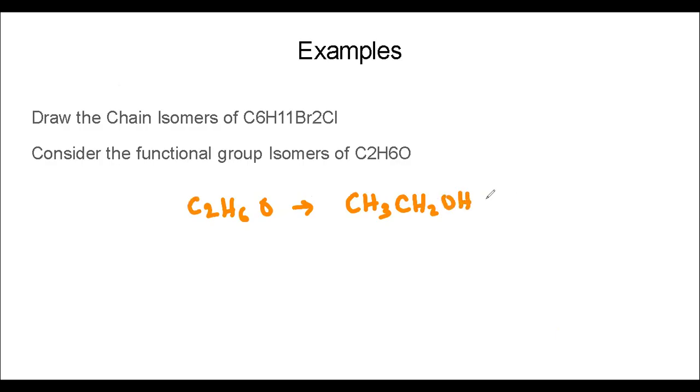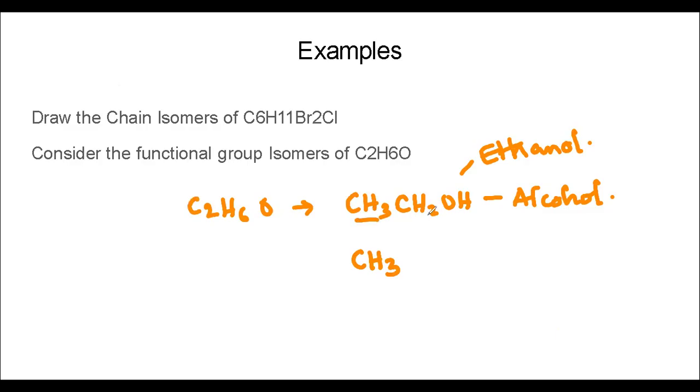This is a functional group, alcohol, right? That molecular formula can give you the structural formula. CH3, CH2, OH, and alcohol. This is ethanol because you have two carbon atoms.